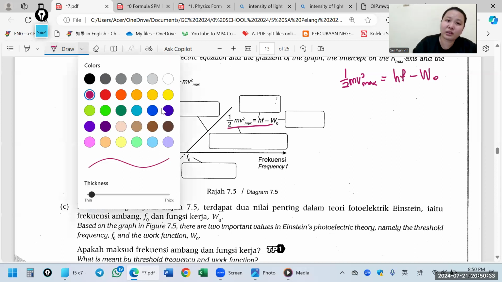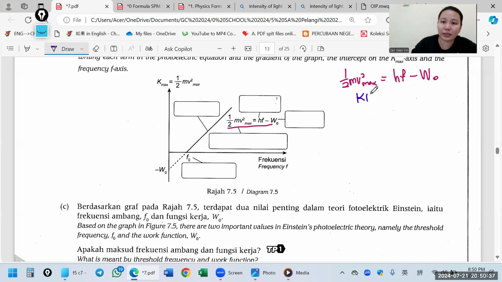I prefer you translate it back: half mv squared is KE max, its energy, equals photon energy minus work function.